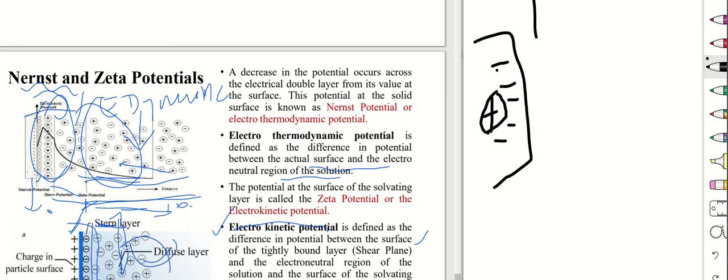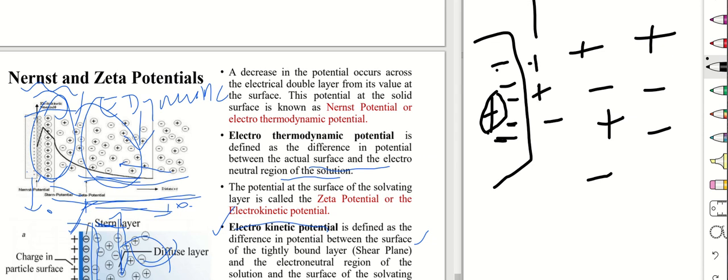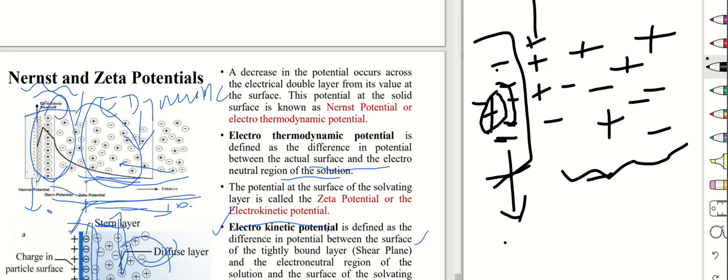As we move away from the drug particle, we can see both positively charged and negatively charged ions. Now as we move away here, we'll be seeing positive, negative, positive, negative, like this the diffusion of ions will be seen. But here a tight bound layer is seen, and the potential that exists on the surface would be the surface potential, and here at the interface would be the Nernst potential.